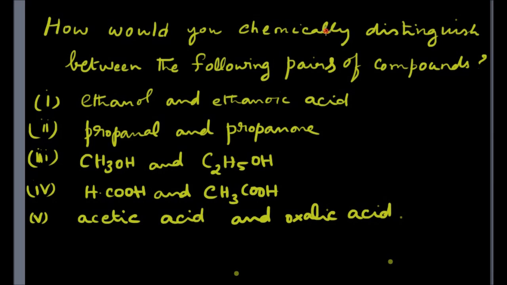Now when I take up the first one for discussion, ethanol and ethanoic acid, you all know that you will choose a test for which one gives a positive answer, the other one gives a negative answer. But you should also remember that your test must be very quick, that is, it should take place within a few minutes or a very short time.